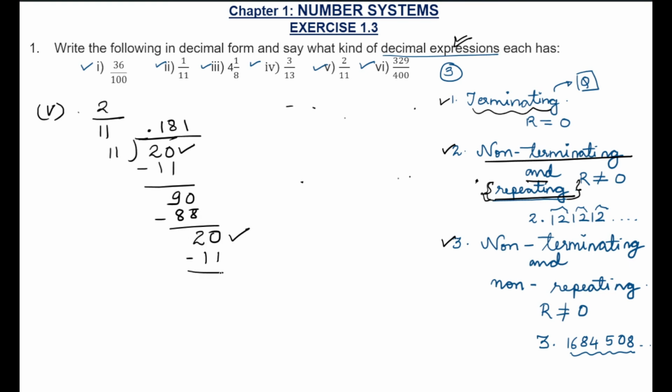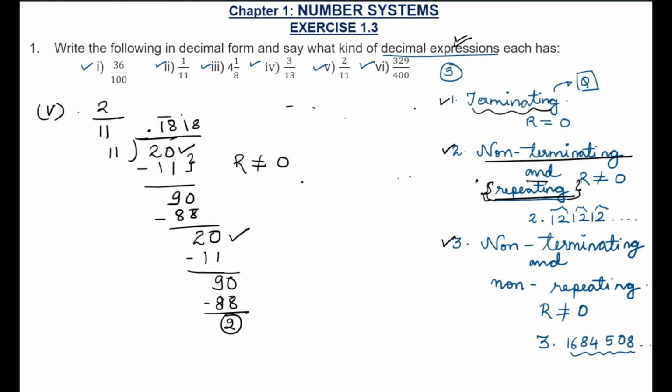So we get here 11, the same thing is repeating, right? You get a 9, you add a 0 and then again 8, it gives you 88, 2. Again you end up with 2. So it means this division is never going to end. There is no terminating point for it. The remainder will never be equal to 0.